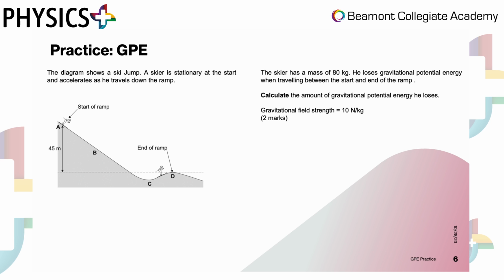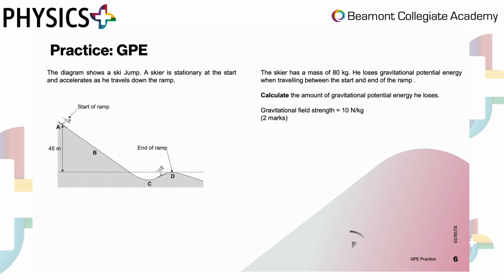Practice GPE. So here's one for you to have a look at. We've got a skier on a ski jump. Calculate their GPE at the top of the ramp, at the start of the ramp. It's a 2-mark question. Use the equation, use the GUESS method.